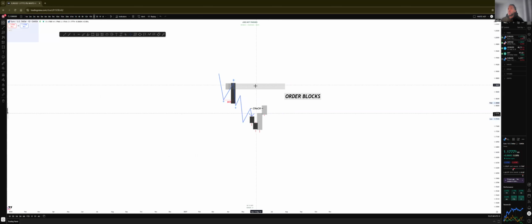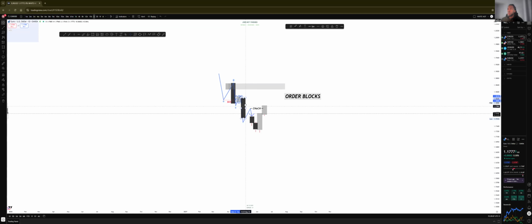Whereas another zone I could say is another strong supply right here. Let's say we had the same candlestick pattern right here.